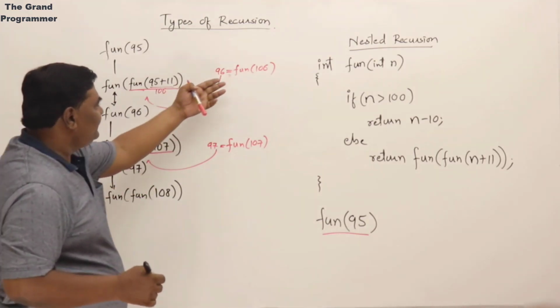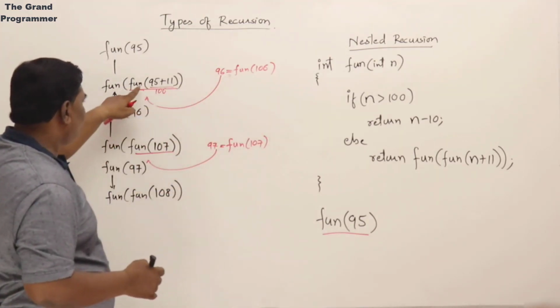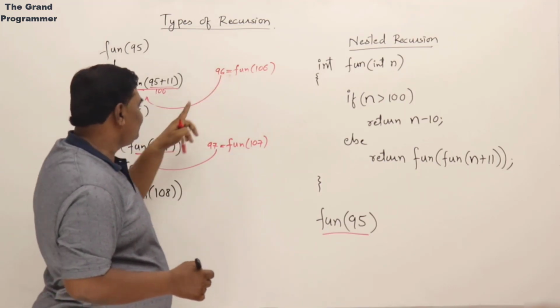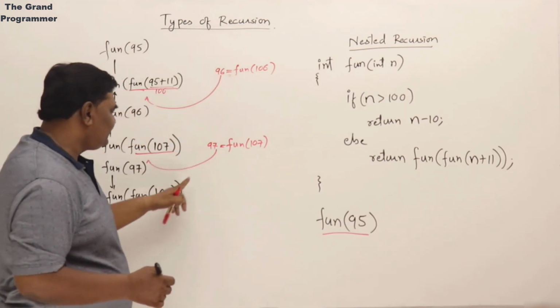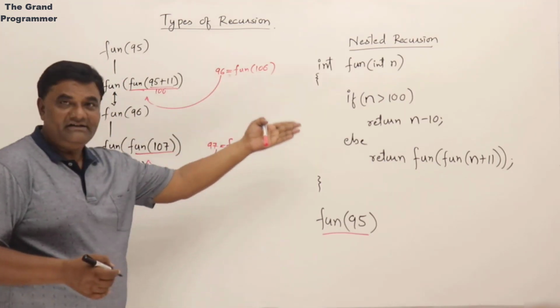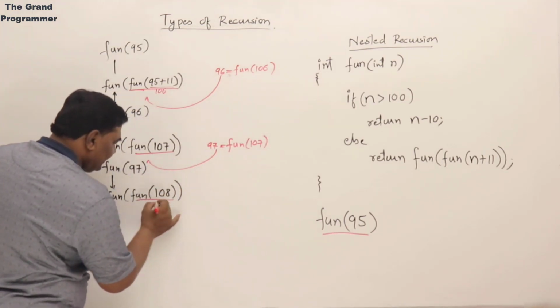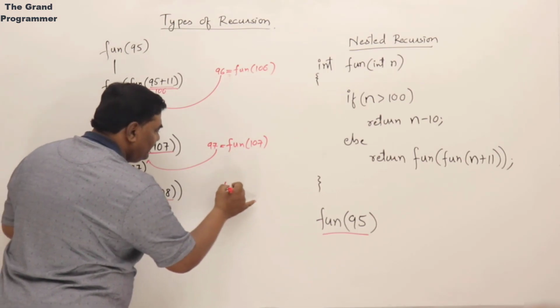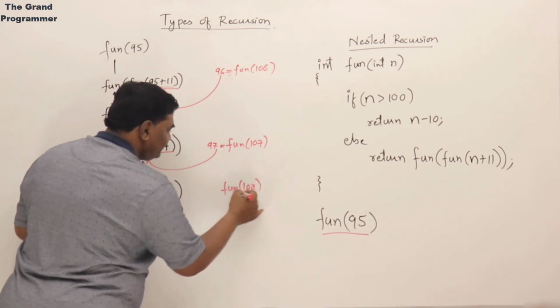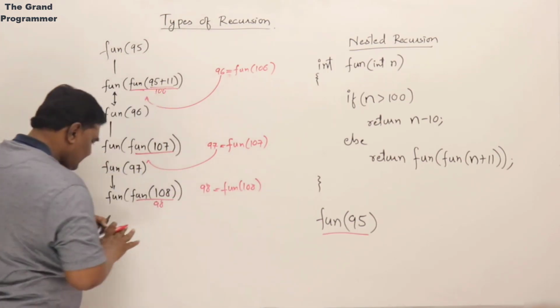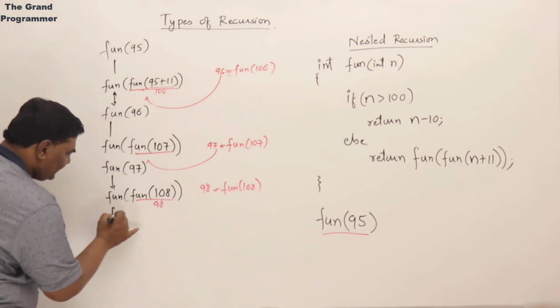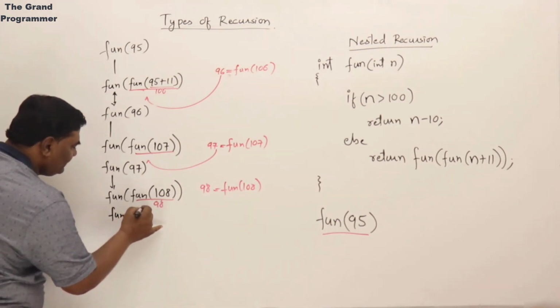Now as we have already seen these two calls, see this was 106, so it becomes 96, 107 became 97, so 108 will become 98. Instead of tracing it, I will directly write down this result, so this is 98. So fun of 108 is 98. So this function call becomes actually fun of 98.